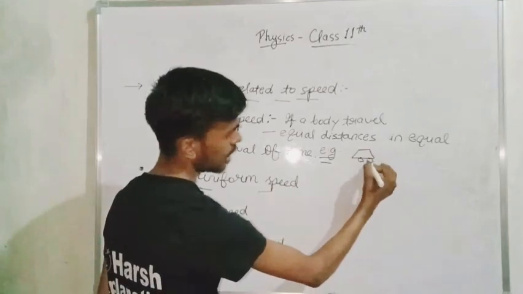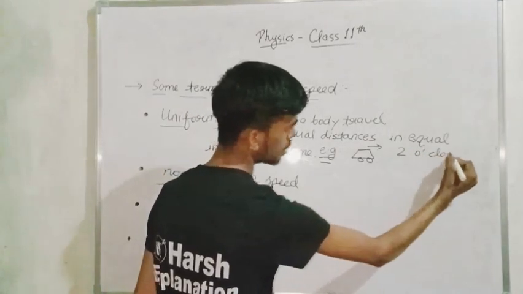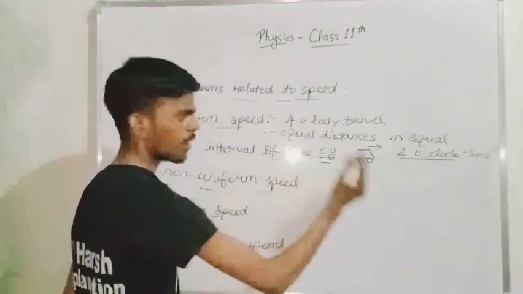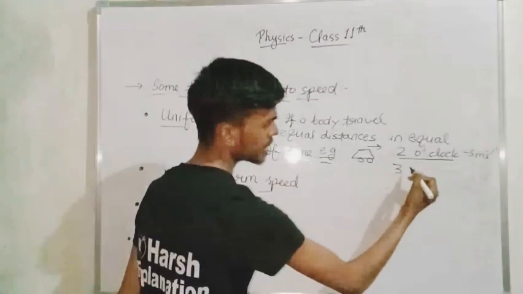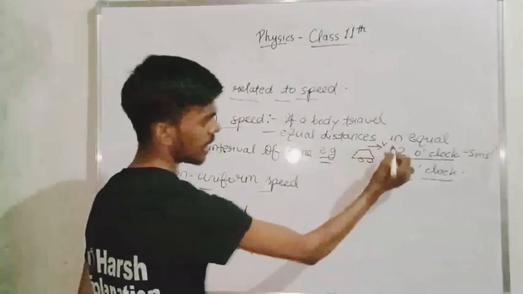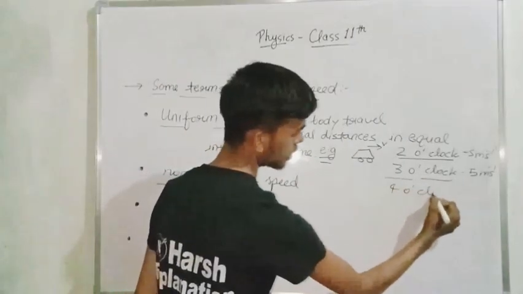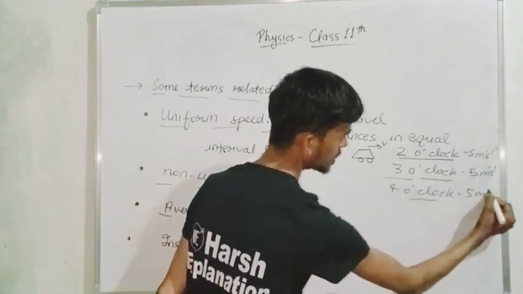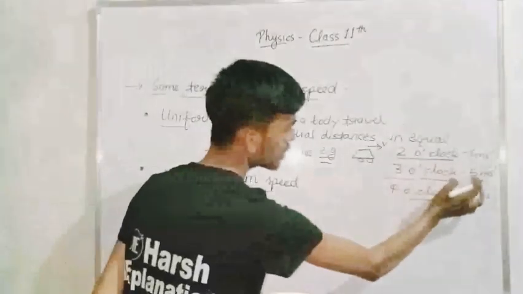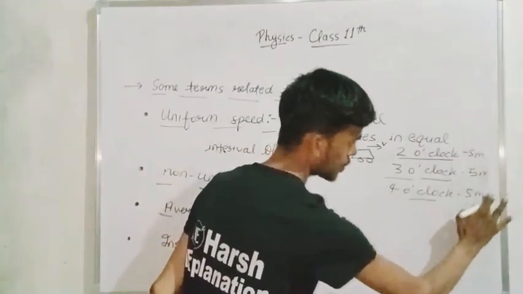At 2 o'clock the car is moving with a speed of 5 meters per second, and again after an equal interval, suppose 3 o'clock, we see that the speed of this car is again 5 meters per second, and again at 4 o'clock the speed is the same. This means that at equal time intervals the speed of the body is the same, or the body always travels the same distance.